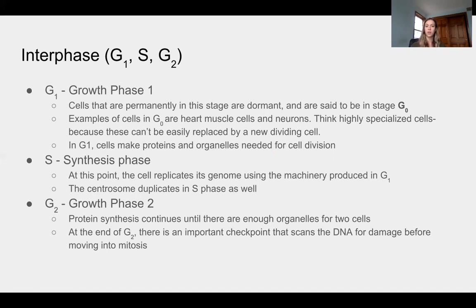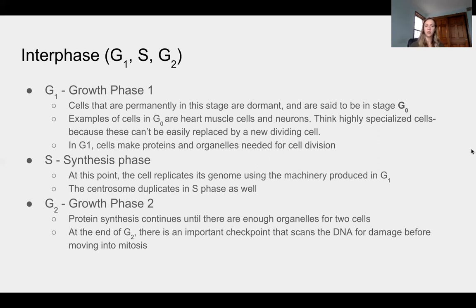If you think about when you have nerve damage, you don't just regrow new nerves. That's usually a pretty permanent problem. So those cells are in G0 because they're not constantly growing, they're not synthesizing, or they're not making new things. They're doing their job, and they're not coming back if they die.